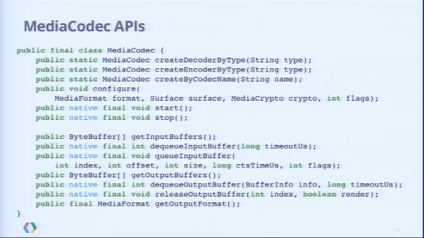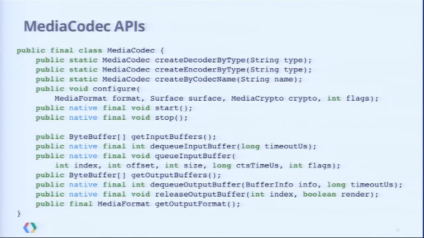If you give a negative value, you just wait forever until an input buffer is available. Otherwise, you wait for the specified timeout period. If there is no buffer available, it will return a negative integer to indicate a timeout.